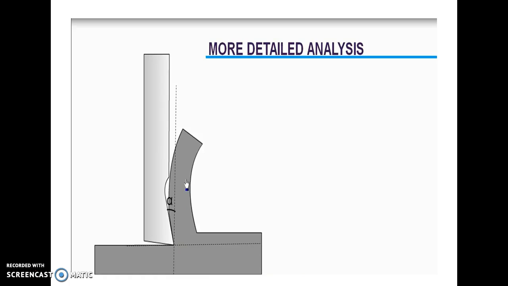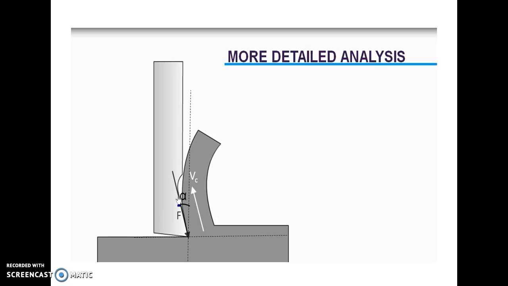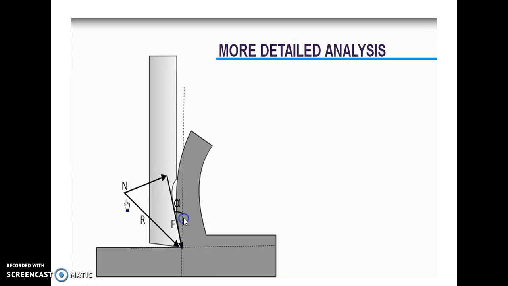During the cutting operation, this chip flows upwards with the velocity Vc, and during this motion, the chip rubs against the cutting tool. So there will be a frictional force which it has to overcome in this direction, exactly opposite to the direction of motion. If a frictional force is present, then there will be a normal force also, orthogonal to the frictional force.